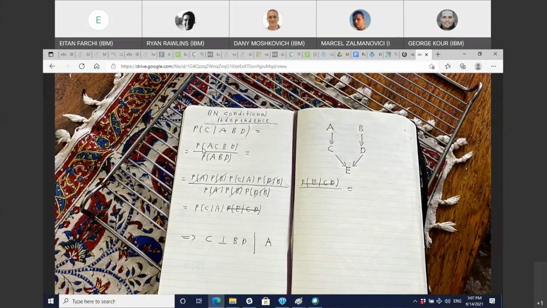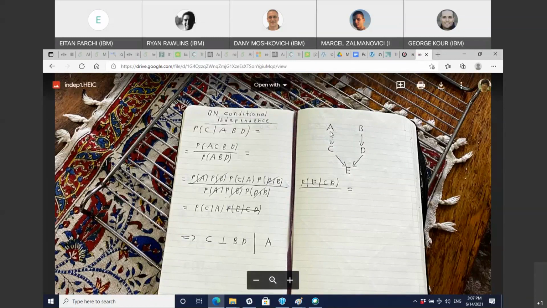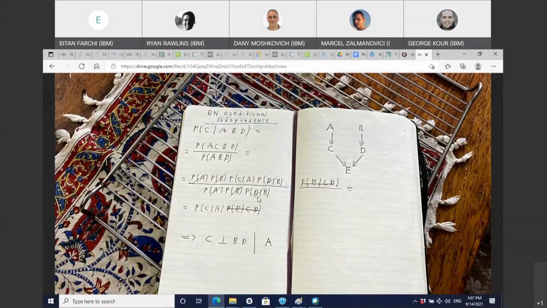So let's start with A, B, and D. This is the probability of A happening, probability of B happening, and probability of D happening assuming B. Now really I should have written probability of A happening and then probability of B happening assuming A. But B doesn't have a parent, so it simplifies to probability of B. And then I should have written probability of D happening assuming B and A. But D has only B as a parent, so I'm left with probability of D assuming B.